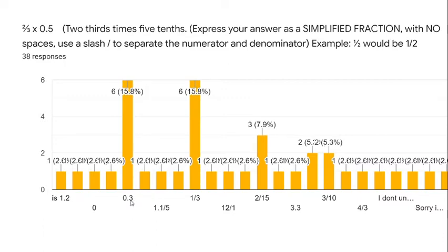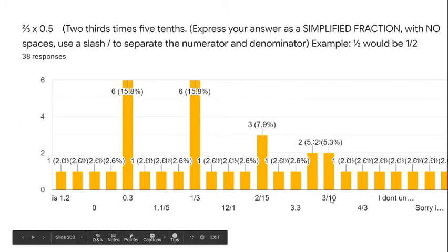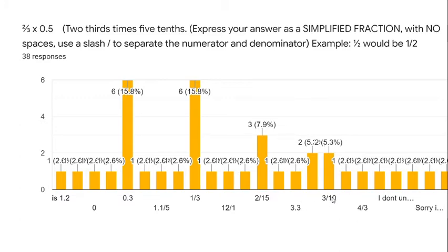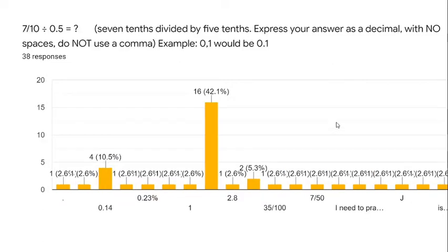And 0.3 was the second most responded answer. 0.3 and 1/3 are pretty much the same. Okay, so if you add those two up, about 30% of the kids got it correct. And then you have another 5% of kids that had 3/10ths as their answer, which unfortunately didn't read the directions properly. It needed to be expressed as a fraction. Okay, so we had about 25% of the kids get this one correct.